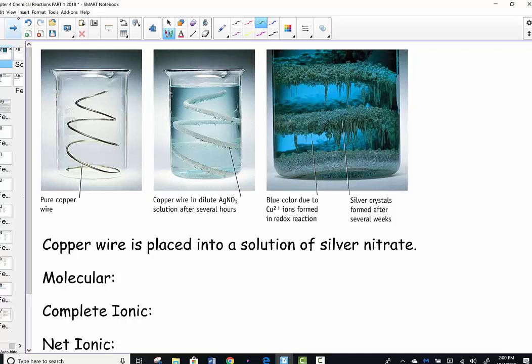We place into the beaker, okay, so by the way, copper, that's this guy, right? Solid copper wire. We place that copper wire in now with a solution of silver nitrate. So the gray colored solution is silver nitrate.